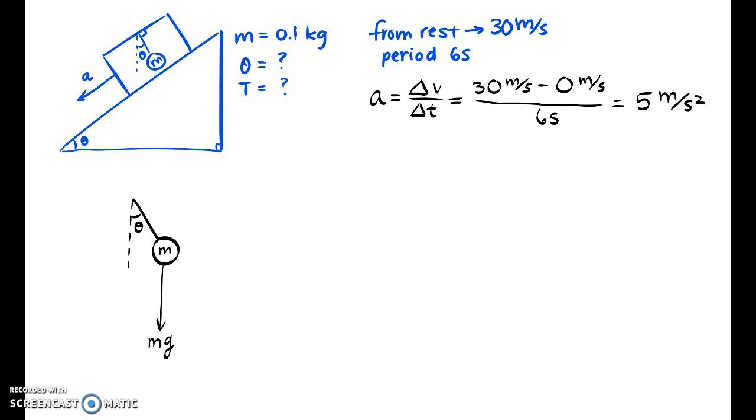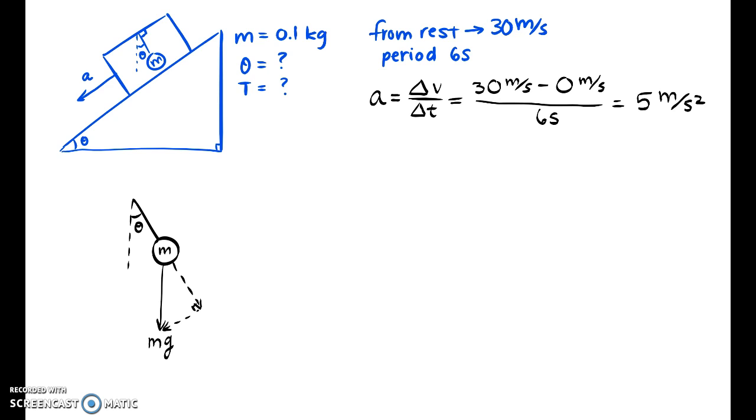But we want to decompose that into two components. One component will be perpendicular to the ceiling, and the other component we want to split mg into is parallel to the slope, which is in the same direction as our a.